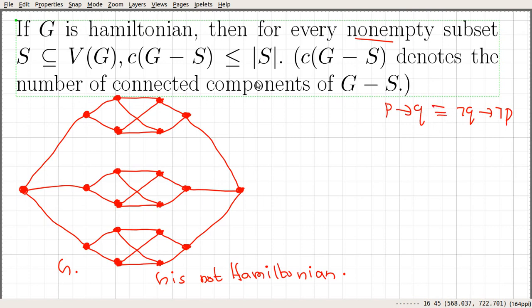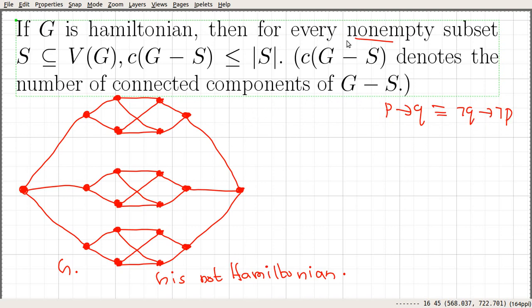Here P corresponds to if G is Hamiltonian, and Q is then for every non-empty subset S, this condition is satisfied. So the contrapositive is negation of Q implies negation of P.